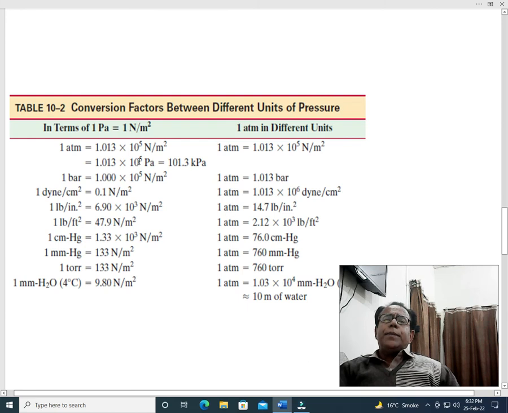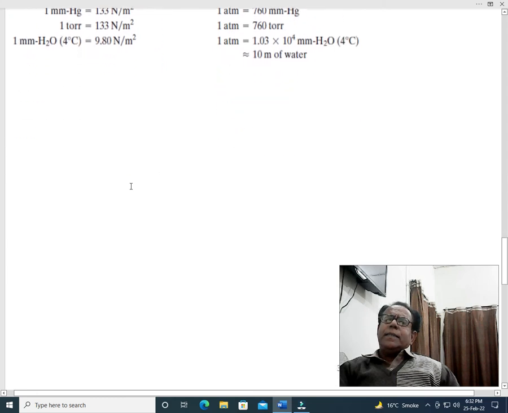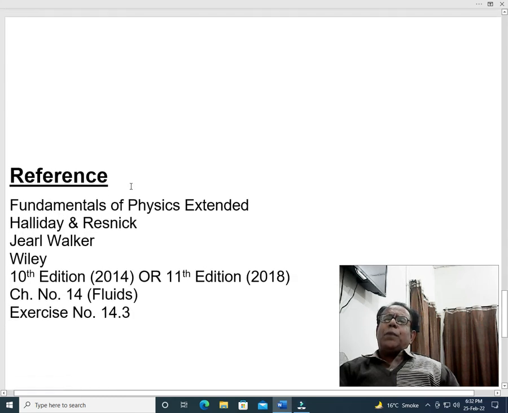Okay, here 10 raised to the power 3 will be converted into k and 10 raised to the power 2 will convert this into 101. Okay, so this is the end of our module.